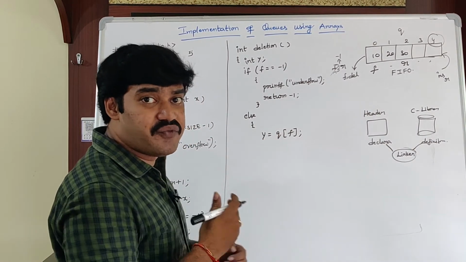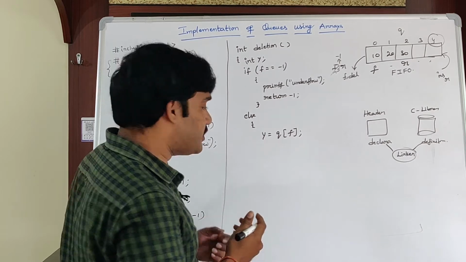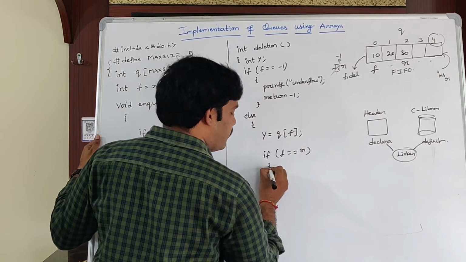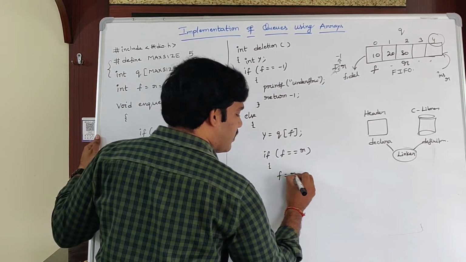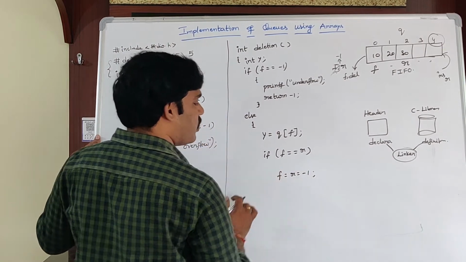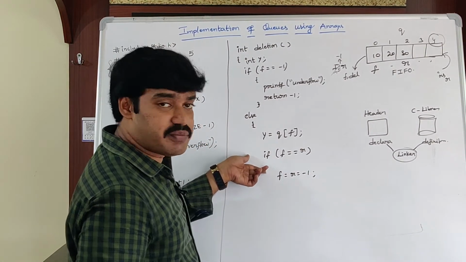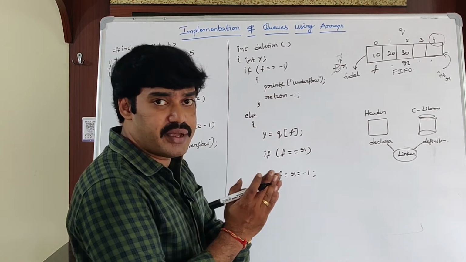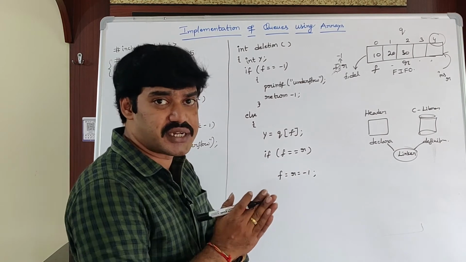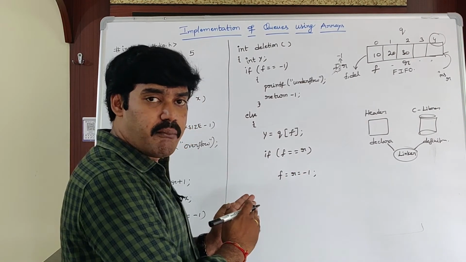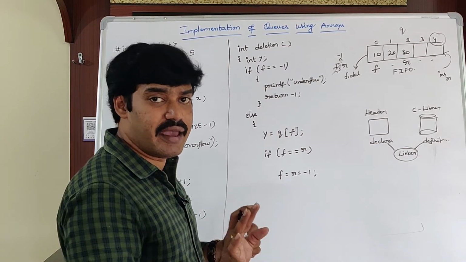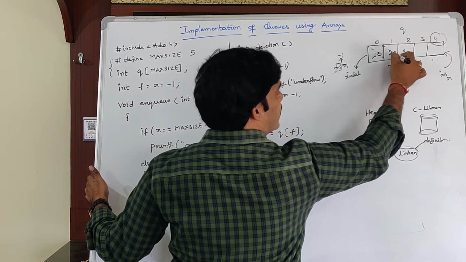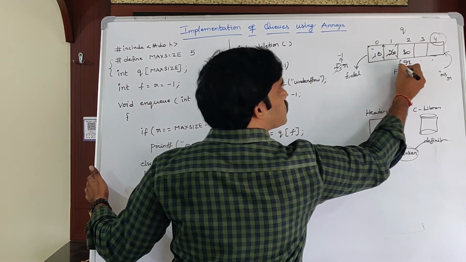Next, update the front variable. How to update? If F is equal to R, then reset them to -1. Then F is equal to R equal to -1. What is the statement? After deleting that particular element, when front and rear both point to the same index, that means there are no elements in the Q data structure, then reset them to -1. Why? Because the Q data structure is empty. The reason is, assume that after deleting 10 and 20, F points to this one.